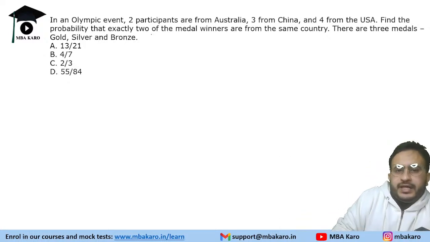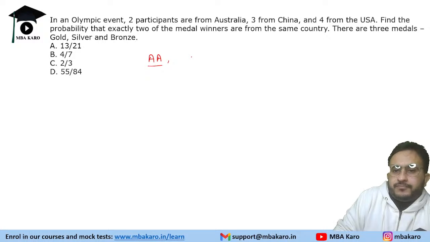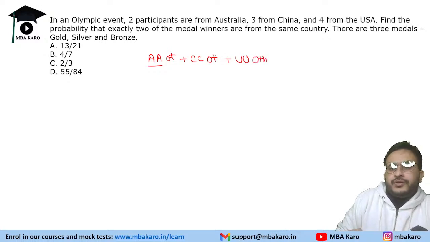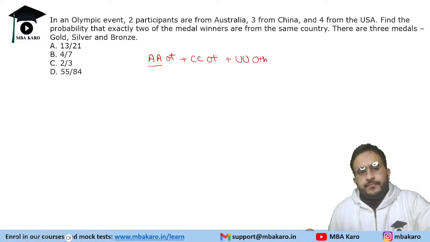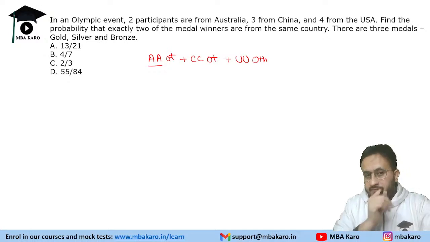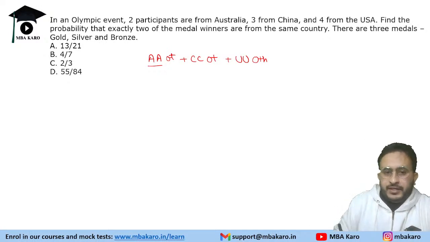So it can happen that we have two from Australia and one from other, or we can have two people from China and one other, or the third case would be two from the US and the third from other. We need to find the probability that two of these medal winners are from the same country.